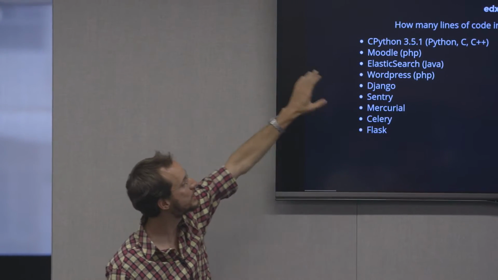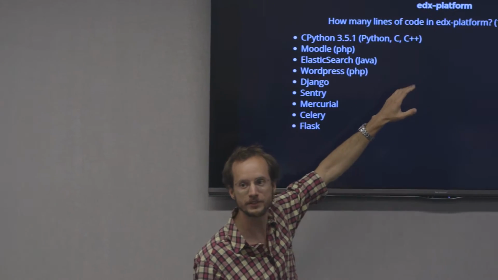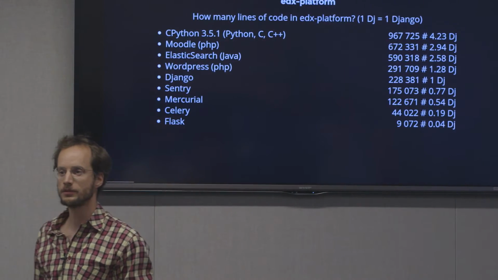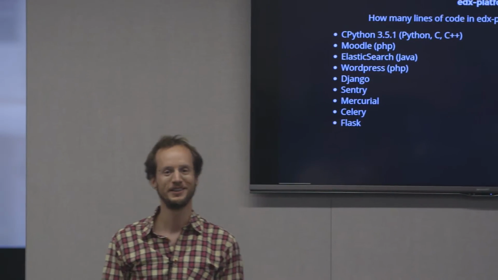So how many Djangos do you think there are in OpenEdX? Django is 1 DJ. So how many do you think? Come on, don't be shy. 1 Django? 5 Djangos? 50 Djangos? 1.5? You're pretty close, man. Pretty close.